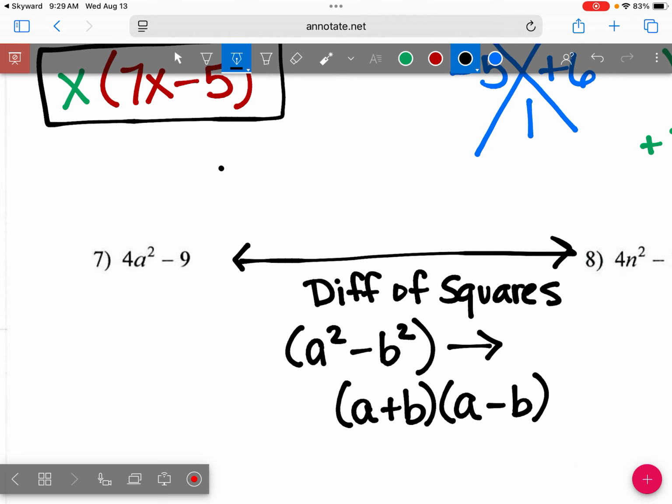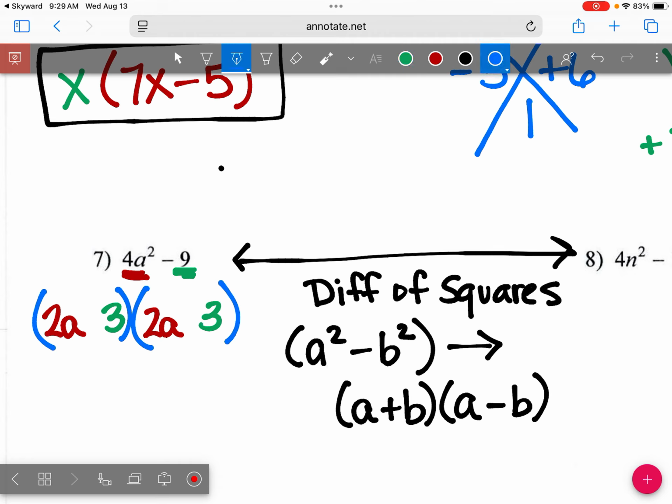Now, this is after you start off by looking for the GCF. So 4 and 9 are both perfect squares, so let's make our 2 parentheses. What do I multiply to get 4a squared? Remember, I have to put the same thing in both parentheses. So that would be 2a times 2a, which is 4a squared. What multiplies to be 9? 3 times 3. One parentheses has to be positive and the other one has to be negative, then this would be your final answer.